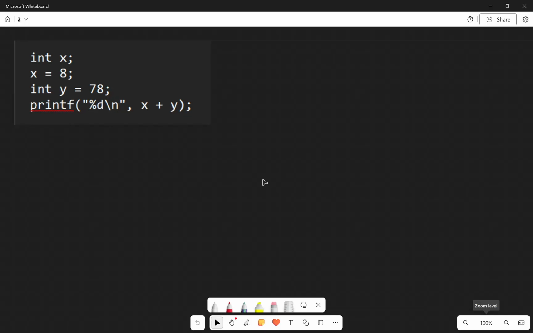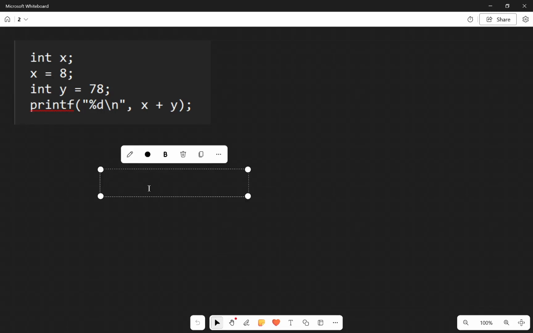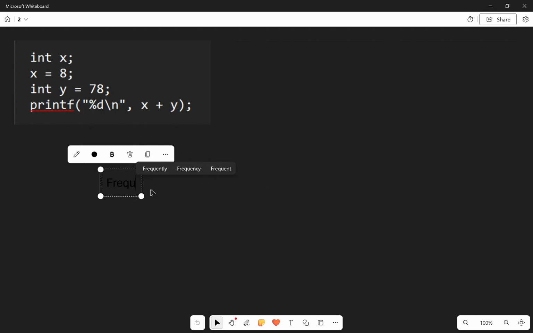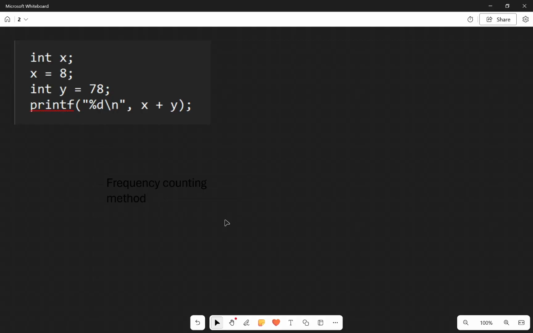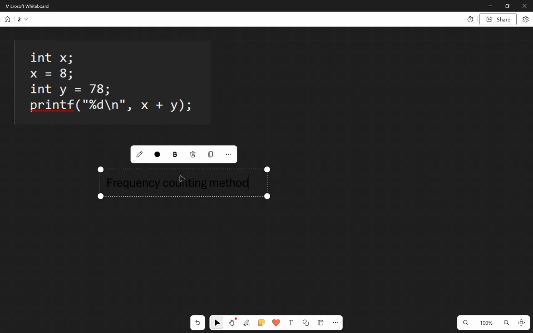All right. So the technique we use to convert algorithms into functions is known as the frequency counting method. Okay, so if you're not familiar, you can Google it up if you want to.